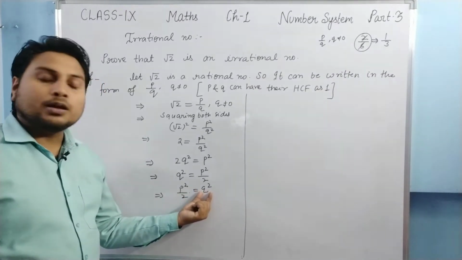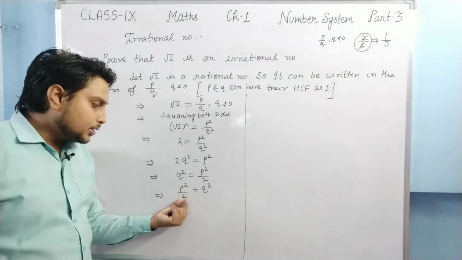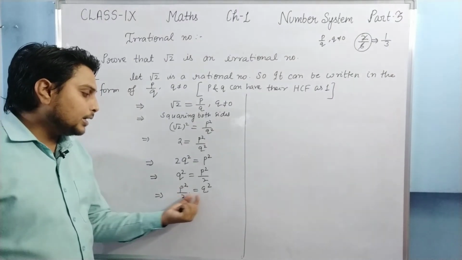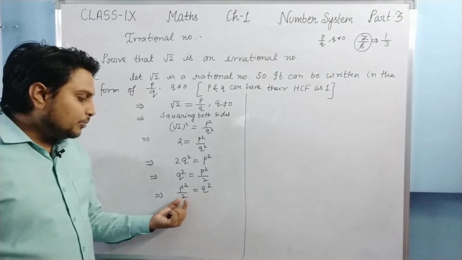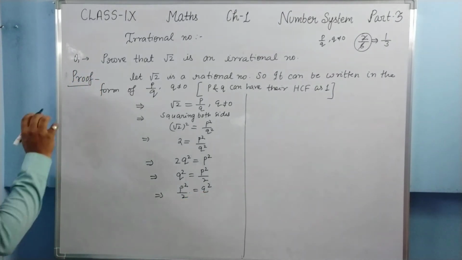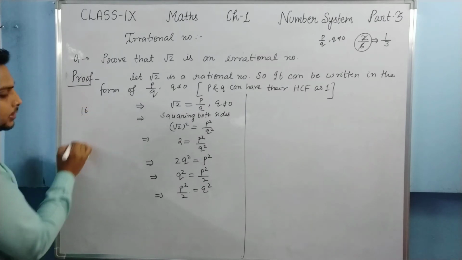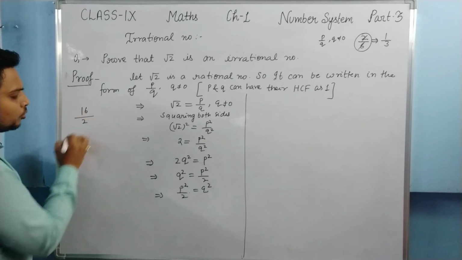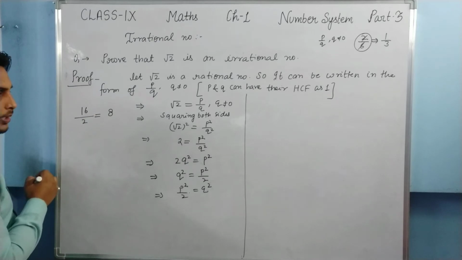Here you can see that when we divide this P square by 2, we are getting an integer number, that is Q square. So it means what? Like one example I am going to give you. Suppose 16 is there, and we are dividing this 16 by 2. So what will we get? We will get 8, which is an integer number.